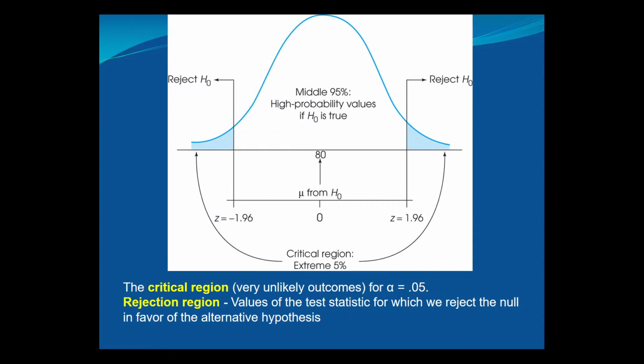And in this slide you see two parts of the rejection region, and the cut points for these parts are z equals minus and plus 1.96.